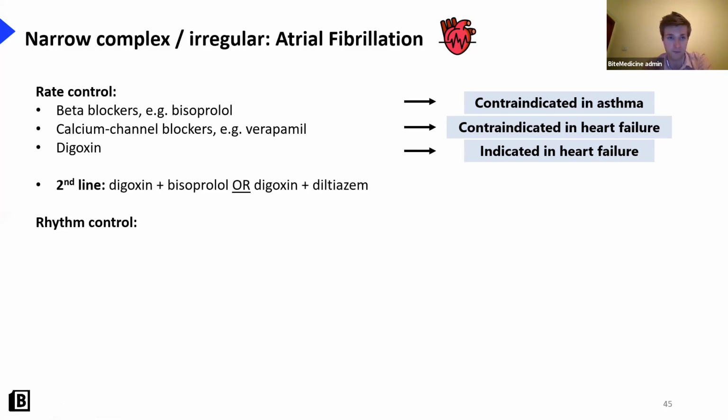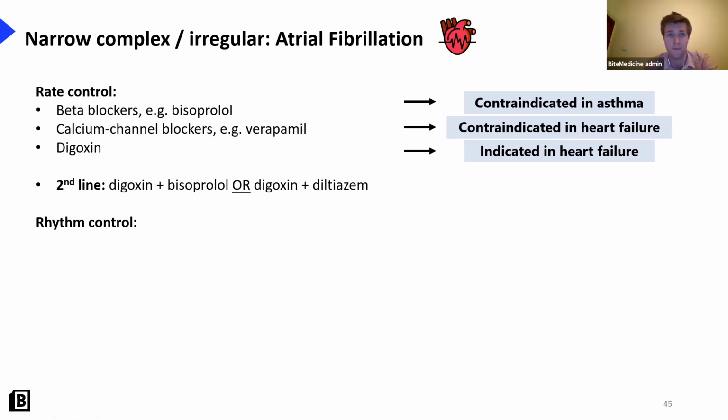Second line, if you haven't managed to get on top of the rate with one of these agents, then you may consider either digoxin and bisoprolol together, or digoxin and a different calcium channel blocker called diltiazem. These are examples of non-dihydropyridine calcium channel blockers, with your DHP ones being things like amlodipine.